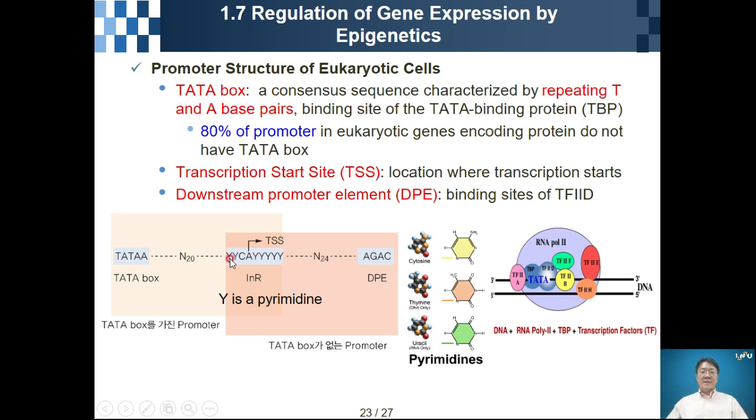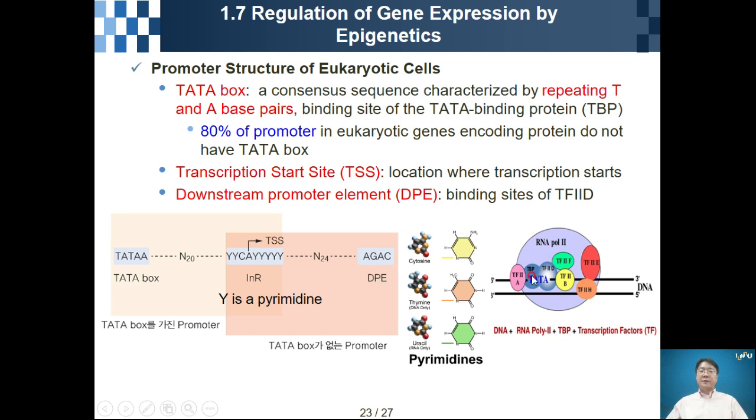Usually around the A site, transcription is started. After that, the DPE region is located next to the TSS. This is the binding site of TFIID, transcription factor 2D.